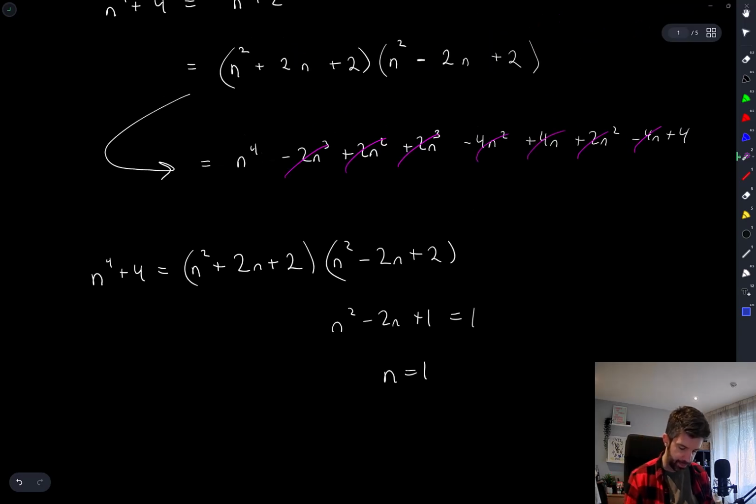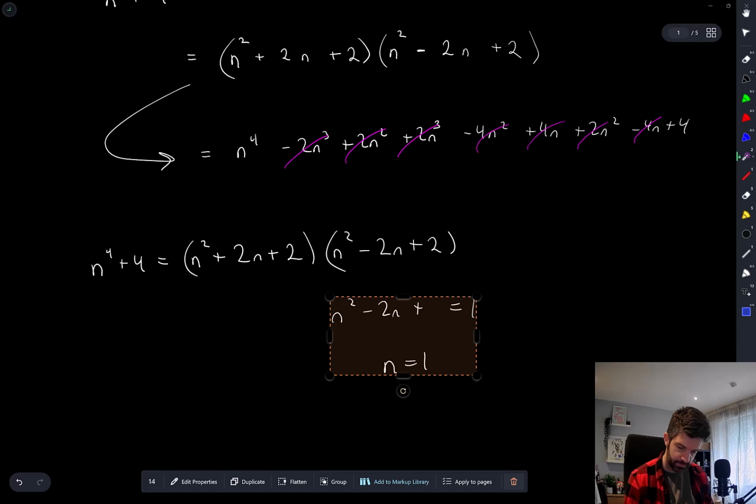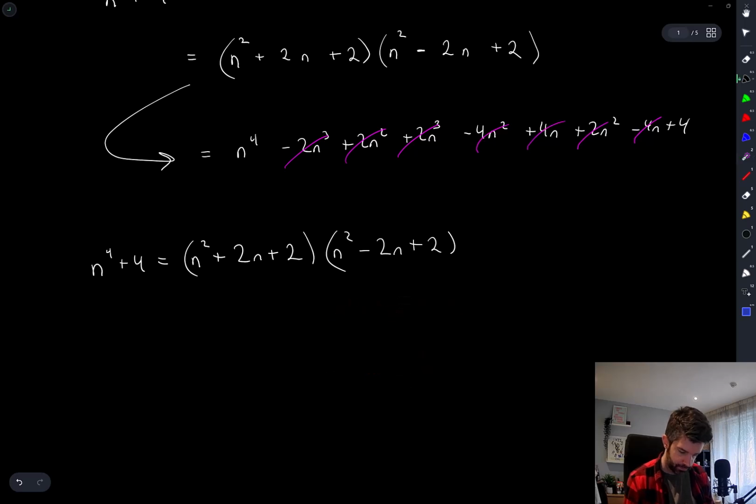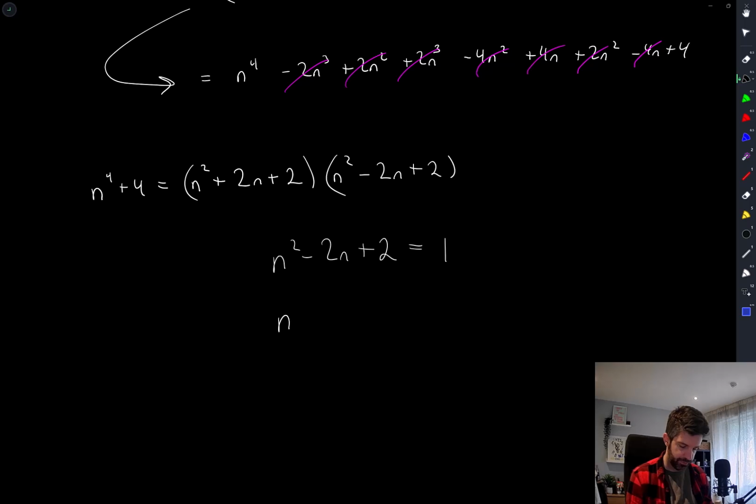Oh, wait a minute. I wrote this wrong. Right. Okay. When this is equal to 1, that's the same as n squared minus 2n plus 1 is equal to 0.